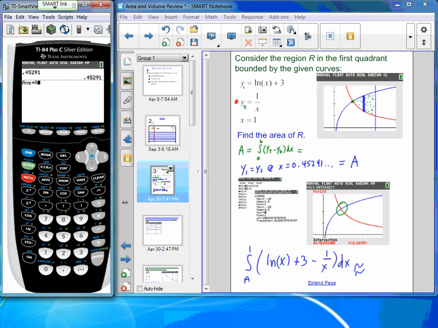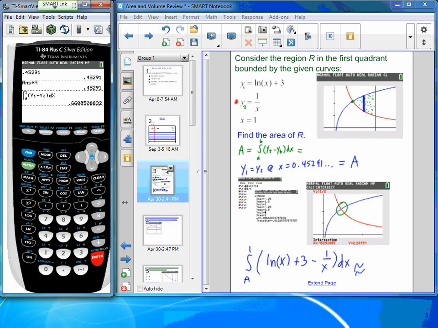Store alpha A. MATH 9, alpha A to 1 of, and I put in my function, my top curve was a natural log, minus Y bars, function Y2, closed quantity with respect to x.